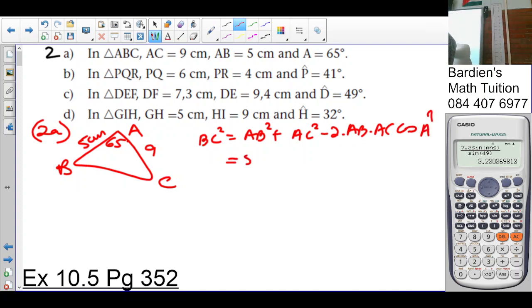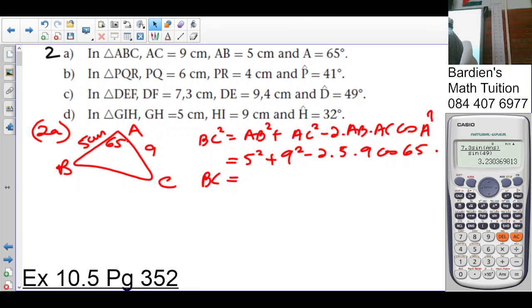That would simply be 5 squared plus 9 squared minus 2 times 5 times 9 cos of 65. The square root thereof is your 8,24 centimeters.